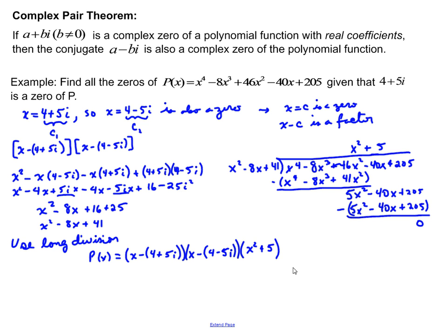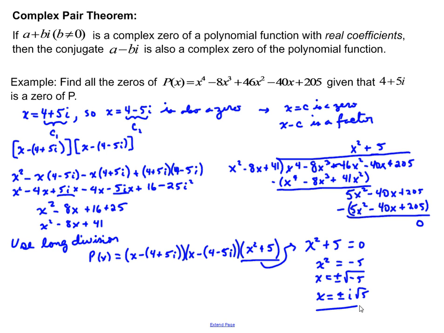Well, it shouldn't, it's a factor. And so our other zeros will be zeros of x squared plus 5. Where does that happen? Well, x squared plus 5 is equal to 0 whenever x squared is equal to negative 5, which is to say that our other two zeros look like they're going to be complex numbers as well, because this is plus or minus the square root of negative 5, which we know reduces as x equals plus or minus i times the square root of 5.